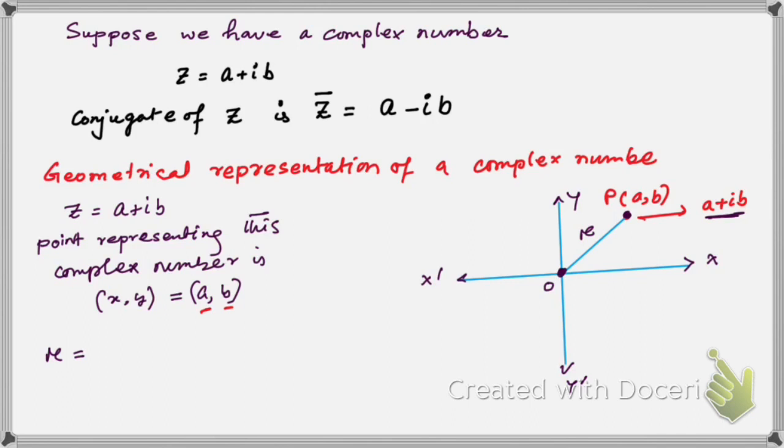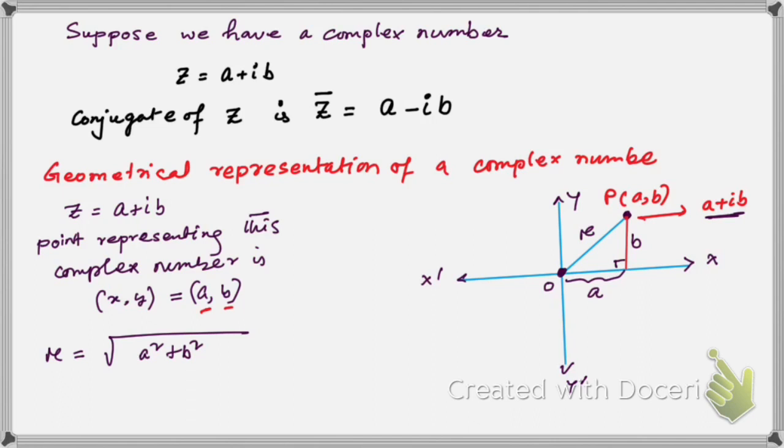And what is its magnitude? Let me show. If we draw a perpendicular from this point to the x-axis, the red one, then this length is a, and the length of this perpendicular is b. Then the modulus of the complex number is given by r is equal to, using the Pythagoras theorem, the square root of a square plus b square.